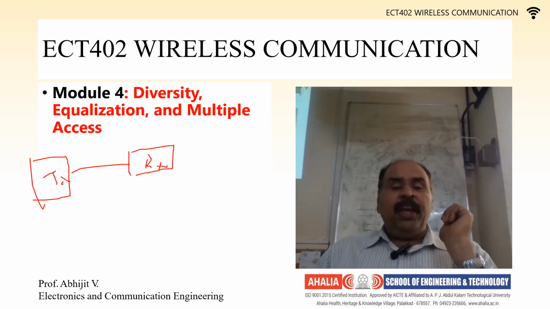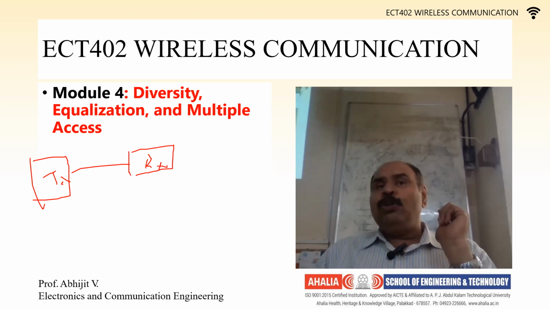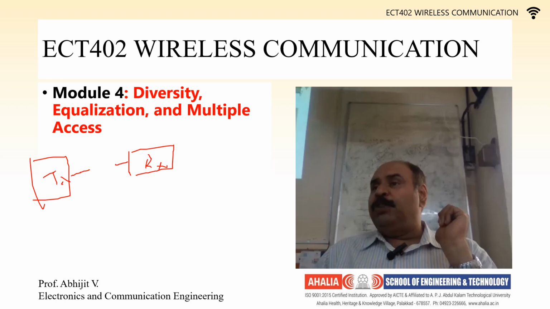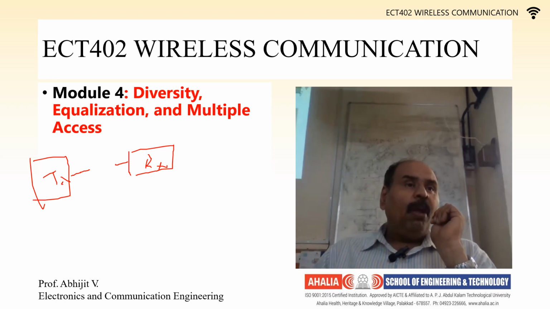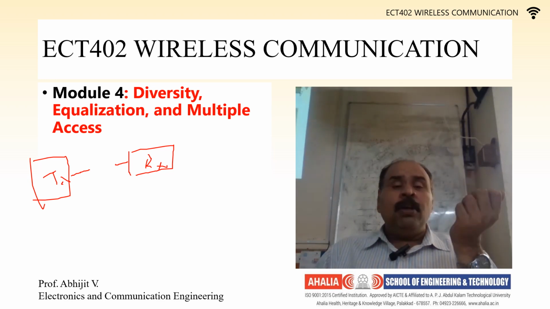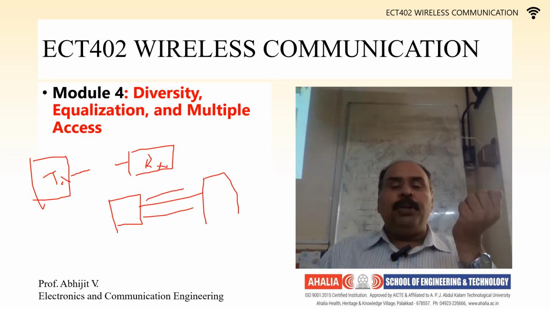Let us consider a case where the signal that is passing from transmitter to receiver through a wireless channel gets broken, and you have a path that is broken and the signal does not reach the receiver. In the concept of diversity, what we are doing is that we are sending multiple copies of the information from one point to the other.